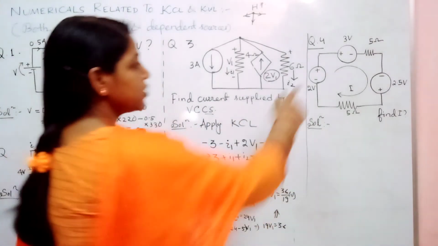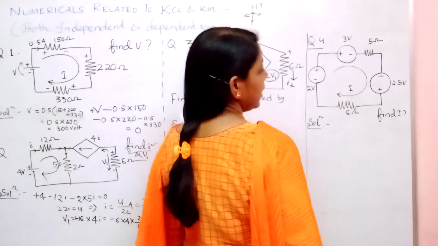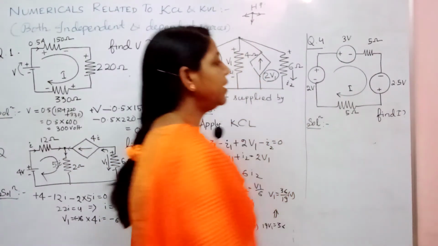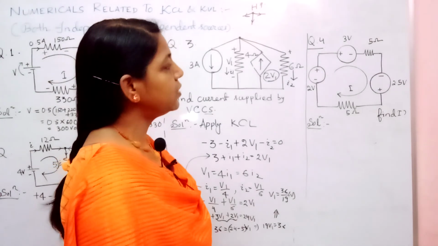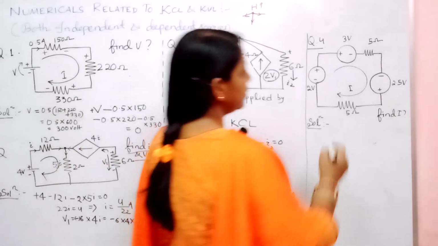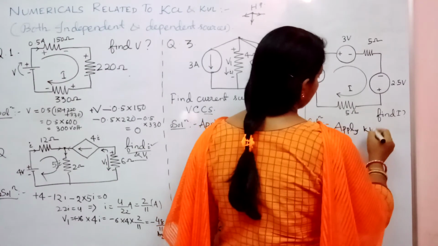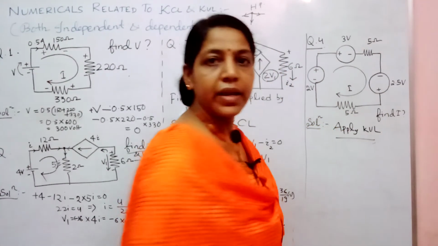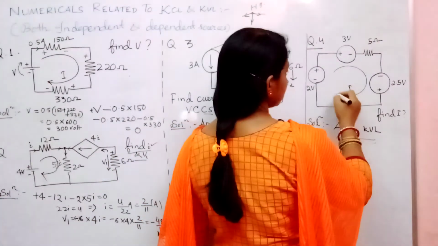Clear? Now let us go for question number 4. Here similarly they are asking you to find the current I. So in order to find the current I, what do you need to do? Apply the KVL in the same way. These are all independent sources. So if you apply the KVL, see the direction.